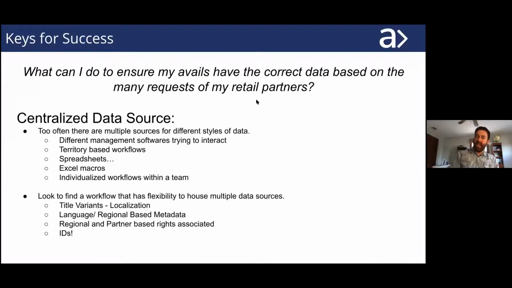Another key to success is centralized data growth. The question that I ask myself when I put myself in the studio's shoes is, what can I do, if anything, to ensure my avails have correct data based on the many requests of my retail partners? We work with some of the major retail partners, and we're also aware of some of the requirements of some of the ones we don't.